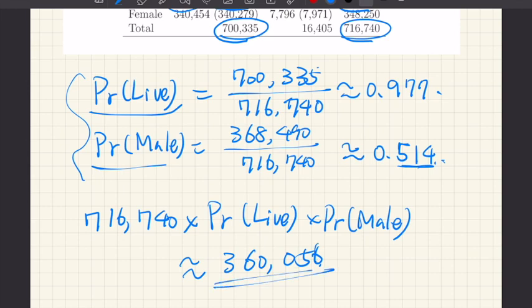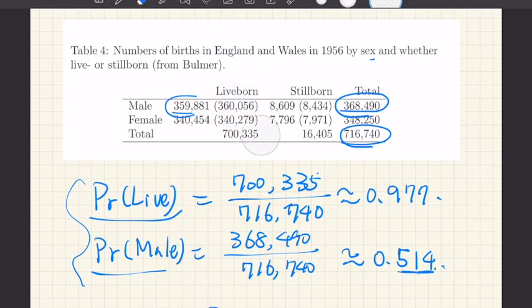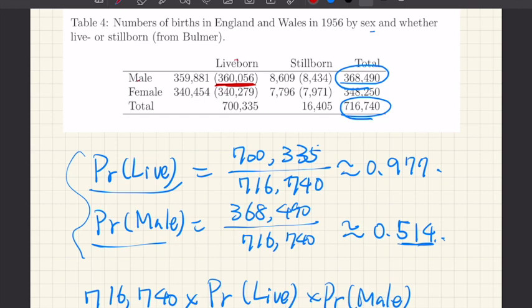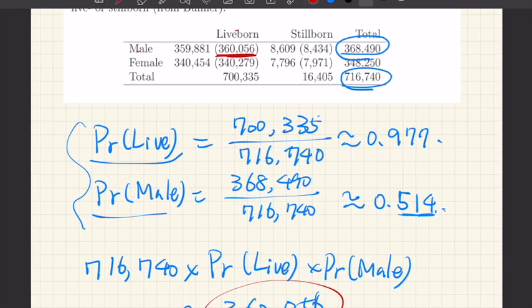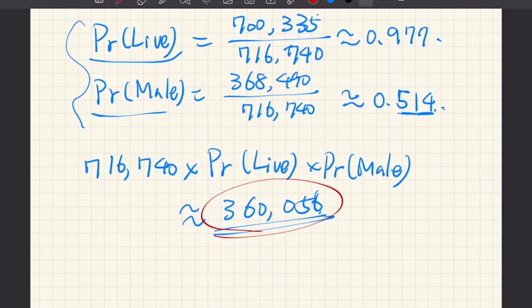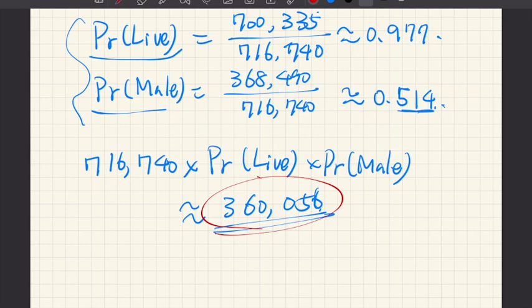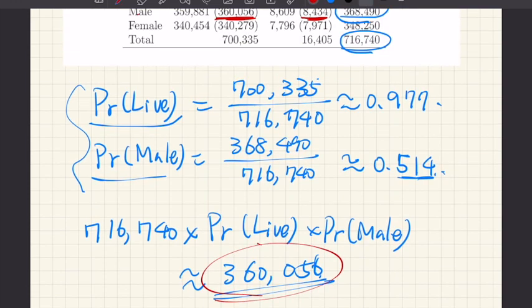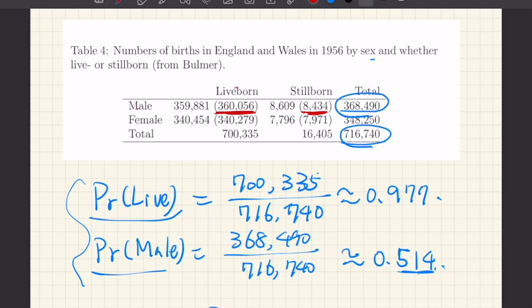This number is written here. This is the number obtained by assuming these are independent. We can also estimate the number of male stillborn babies. Similarly, instead of live, you calculate the probability of still, and you should get 8,434 and so on. And similarly for female babies, whether live or stillborn.